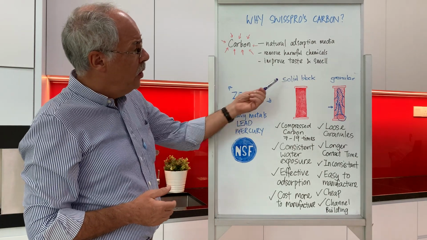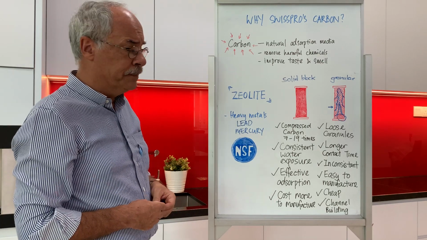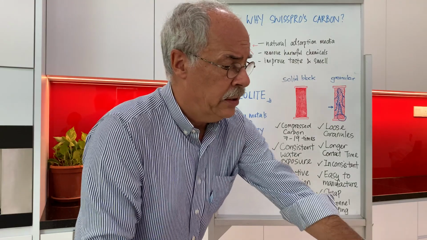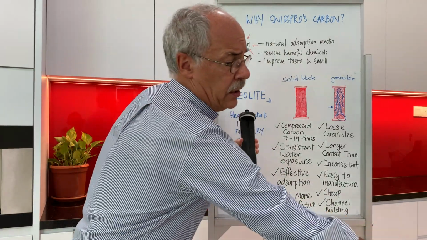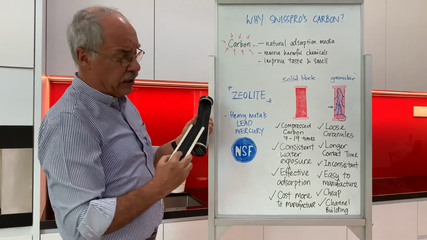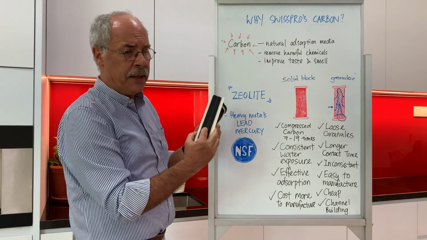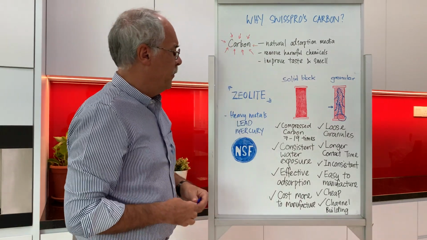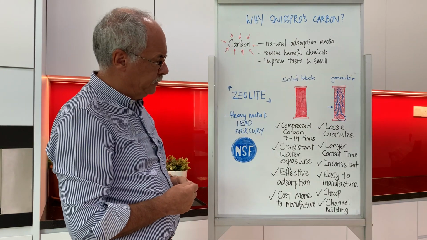Now let's see what is the advantage of an extruded solid block carbon. This is an example of a solid or an extruded block carbon. Here it's only carbon. Here you see it in combination with ceramic. So the key advantage is it's highly compressed.